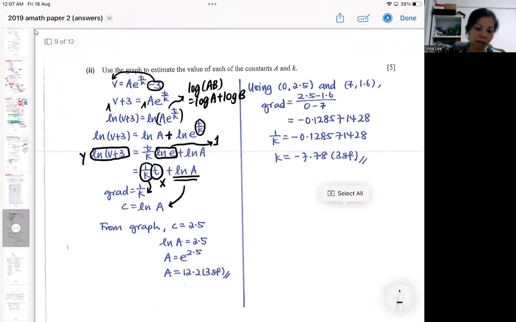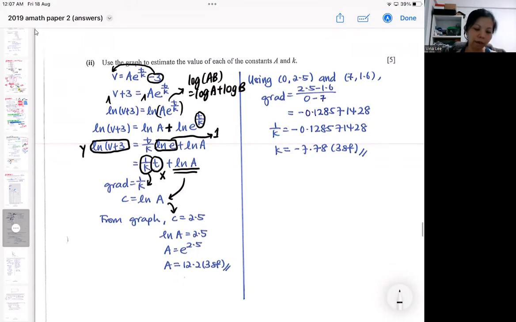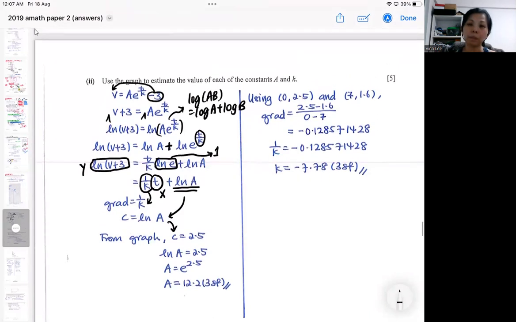So from the graph, the y-intercept is 2.5. That means my ln A is 2.5. And from there, I get rid of the log and get the value of A. I get my value of A in 3SF. So the feature that I use is the y-intercept.